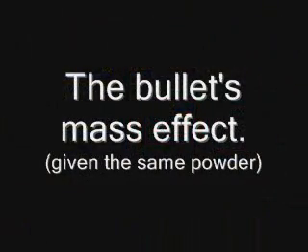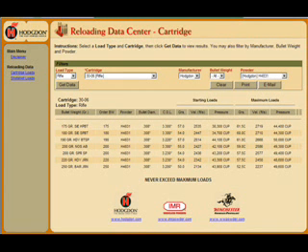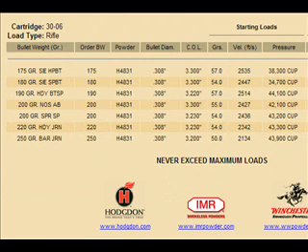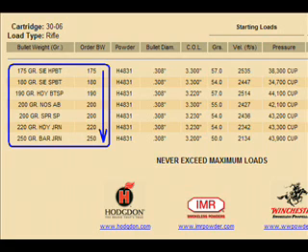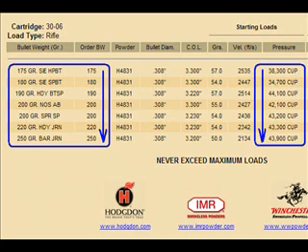The bullet mass effect. Let's look at Hodgdon's online reloading data for a fixed powder and a 30-06. Now here we see the lowest bullet is 175 grain, the biggest bullet is 250 grain. So as we increase the bullet mass, what happens to the pressures? Well, we see the pressures increase. Now why is that?